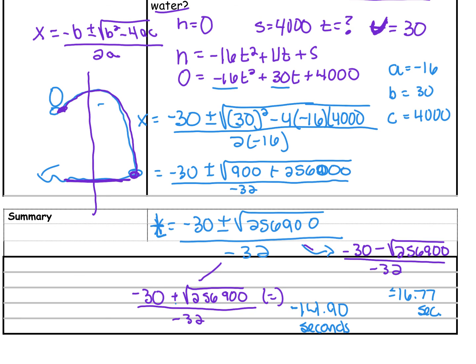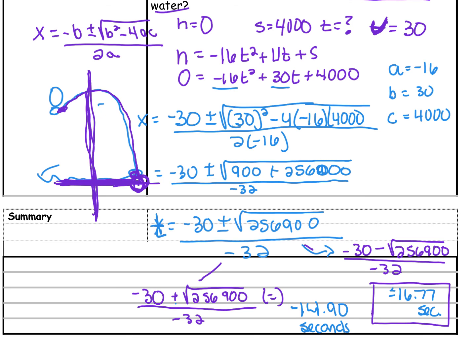But if we are graphing that, it's a parabola, and where it crosses that x-axis is our solution. So when it hits the water, that's like if we are graphing it, that would be our solution on the x-axis. So it would be a positive 16.7 seconds when it hits.